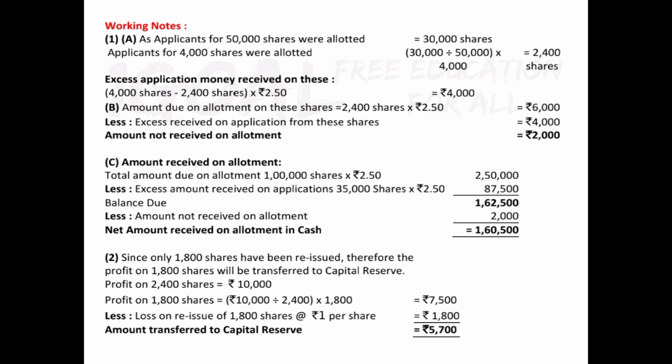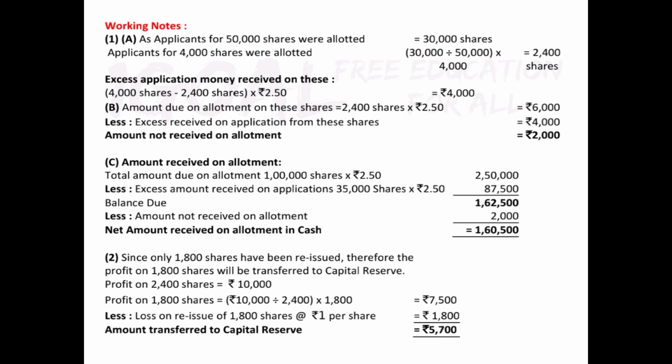So excess application money received: on this 4,000 shares he has applied, but we have allotted only 2400 shares. So out of 4,000, 2400 we have already allotted. So the surplus money on the remaining balance, 2.5 of application, is excess. That means 4,000 is excess of this defaulting shareholder.